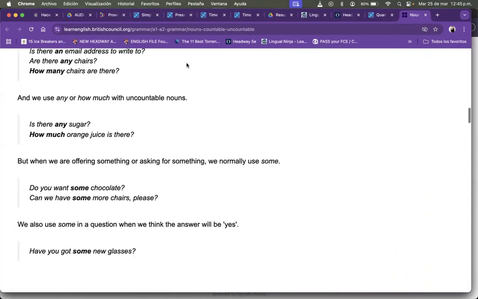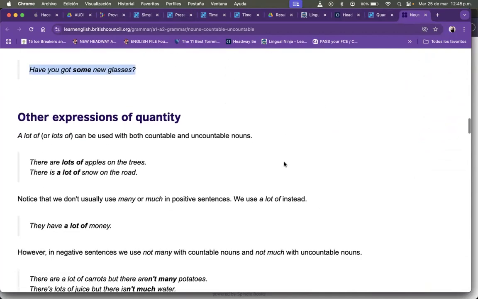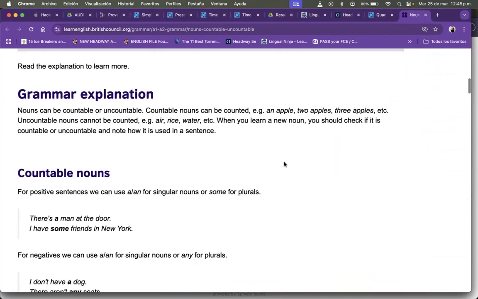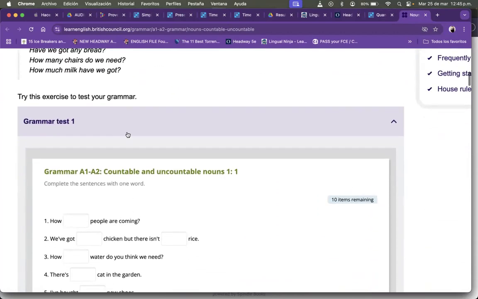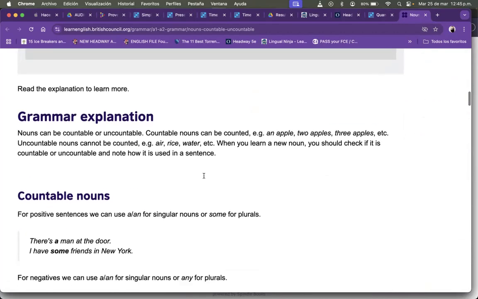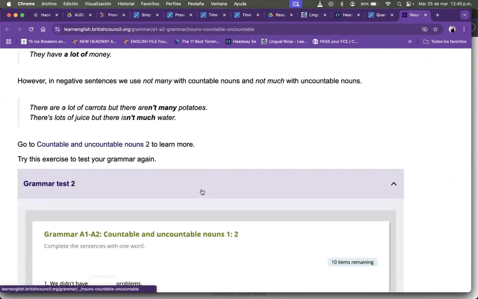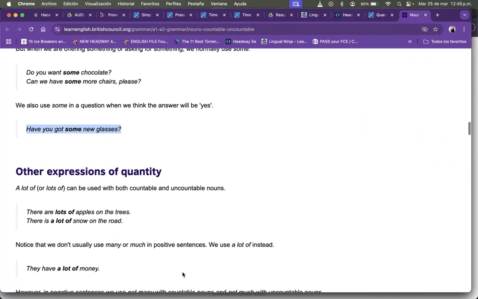So what I would like you to do for the 5 remaining minutes is to read all the grammar here and try to do the activities that you have here. Grammar 1, test 1, and the last one at the end of the website. Yeah, these two.